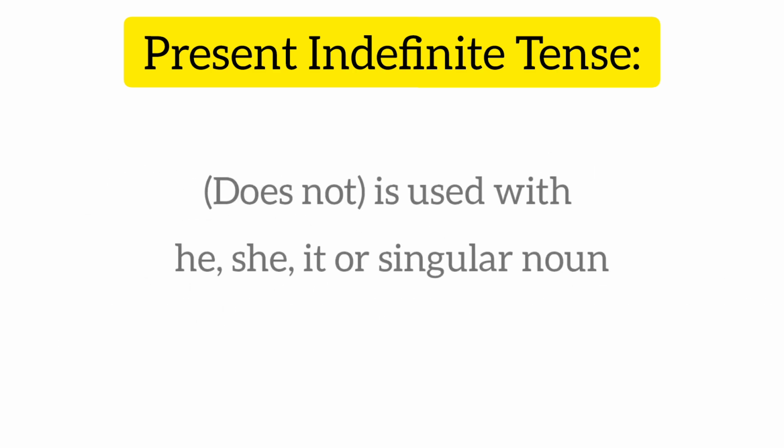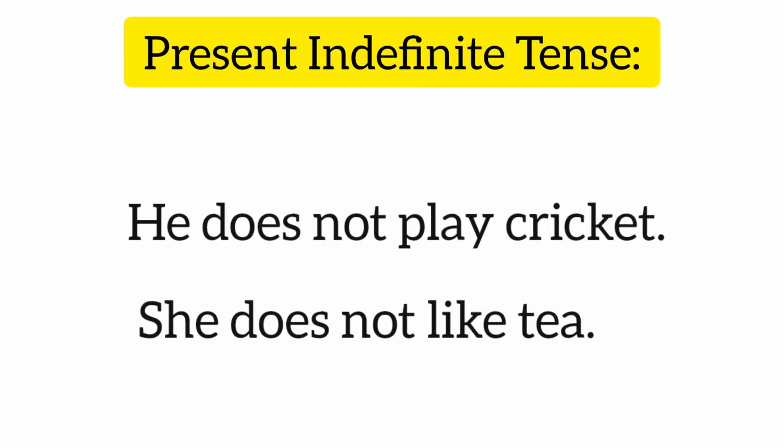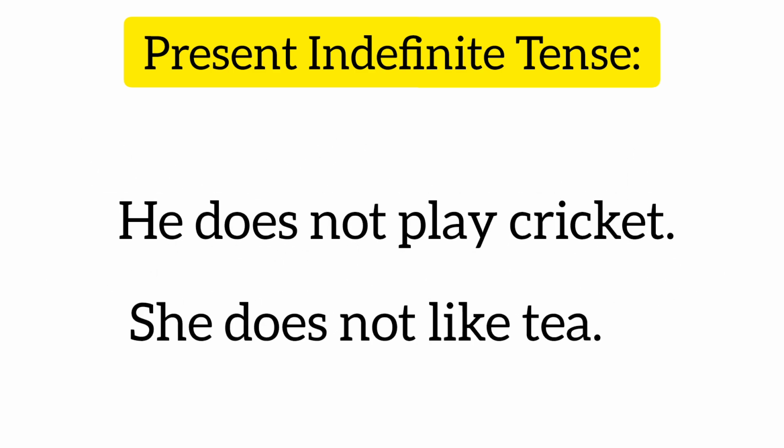Okay, similarly, use does not with the pronouns he, she, it, or singular nouns. For example, look at these examples. He does not play cricket. In this sentence, the subject of the sentence is he, so you have to add does not here.